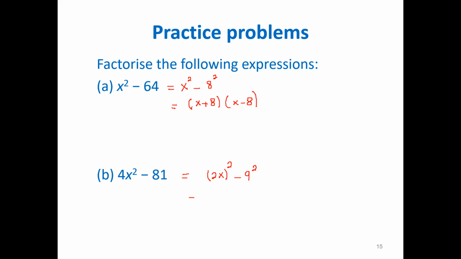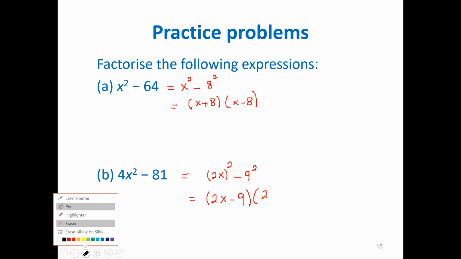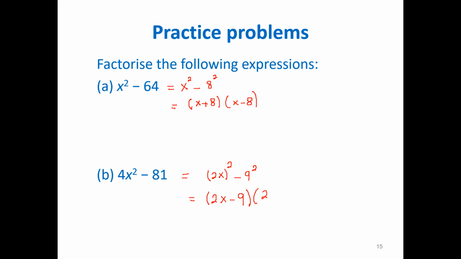See, this is the difference of two squares, and this can be factorized using the formula: 2x minus 9 or 2x plus 9, whichever you like, and then 2x plus 9, okay? 2x plus 9. I hope this is clear.